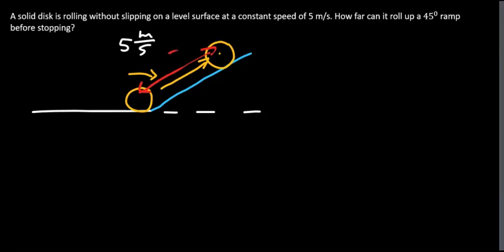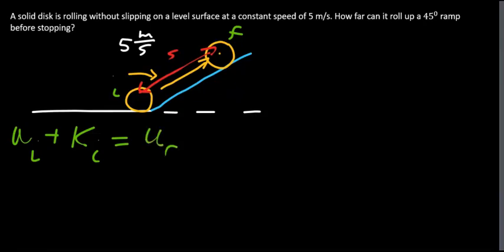Let's call that distance s. We can solve using energy principles. So this is the initial point and the stopping point is the final point. So conservation of mechanical energy says the total mechanical energy at the initial point, which is the sum of gravitational potential energy and kinetic energy, equals the sum at the final point.